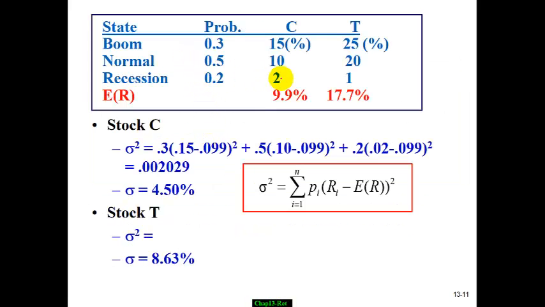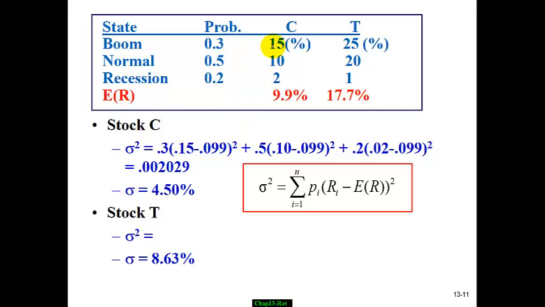Let's look at the previous example. We already got the expected returns for C and T: 9.9% and 17.7%. To find the variance and the standard deviation for C, first we find, for each economy, the distance and then take a square.